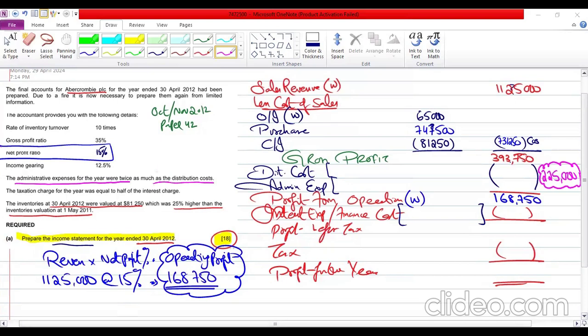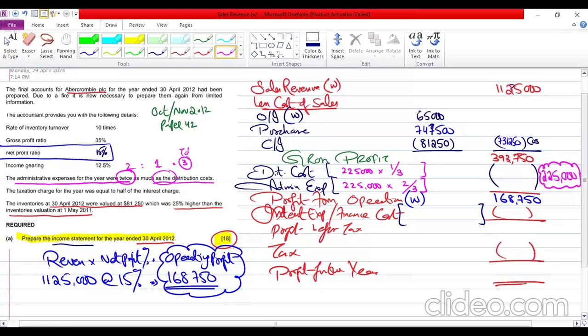Admin is twice, so I can say this 225,000 has three parts in total, right? Two parts are going to be shared with administration and one part is going to be shared with distribution. Am I right or wrong? 2 and 1, total is 3.